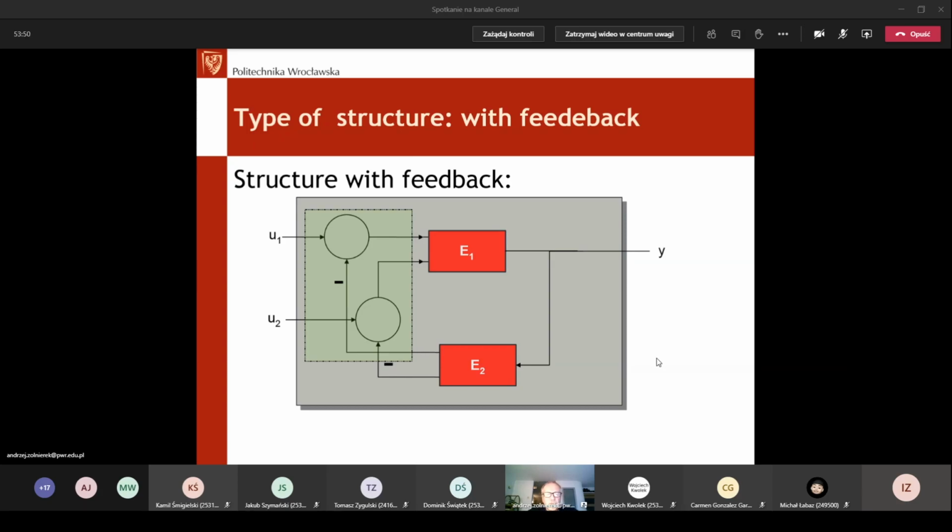For example, if this element E1 has such a property that for increasing U2, this output is decreasing, and for us it is not good, not proper, but this system is as it is.